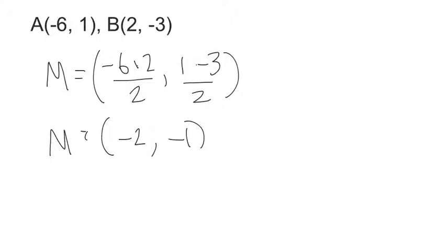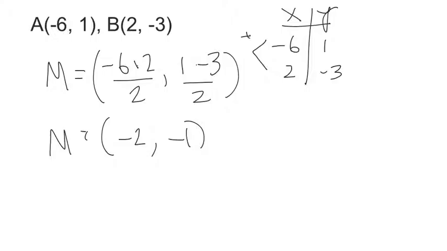Now, I don't think it's obvious necessarily where the slope is of this line segment. So what we do in this case is we write a t-chart. So these are the x, this is the y, and I just write in my points into my table. So I have the point (-6, 1), and the point (2, -3). And so I'm going to work out my change in x. Well, here, this is 8.